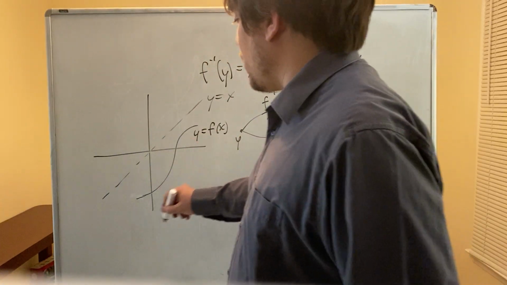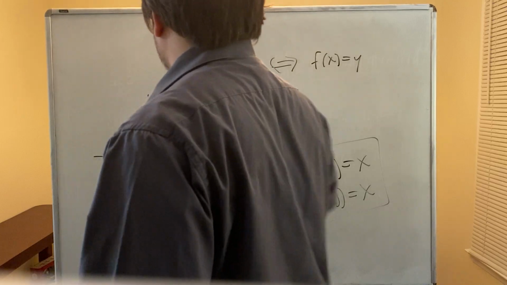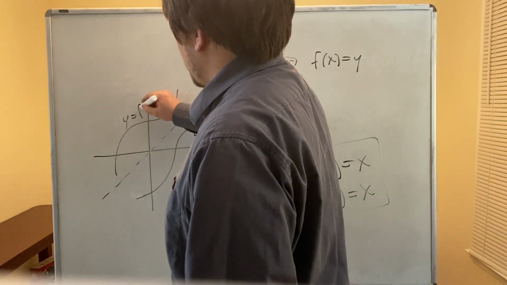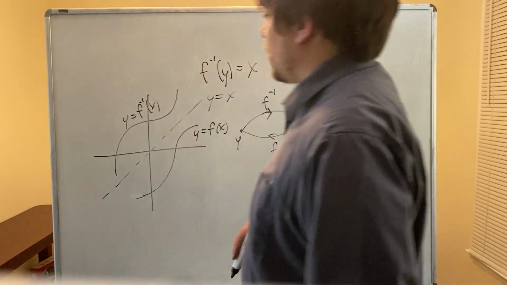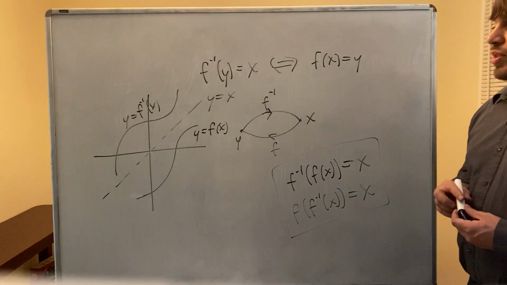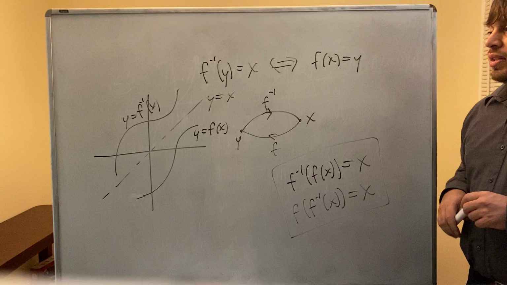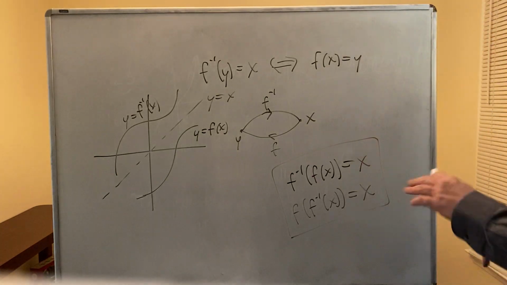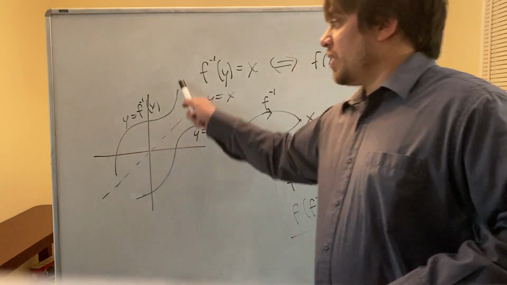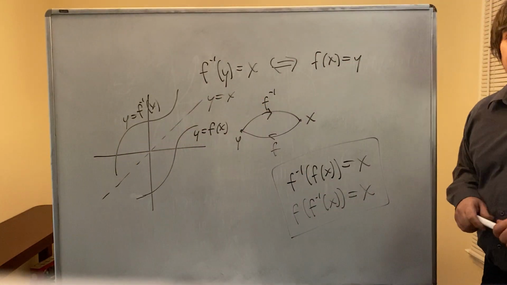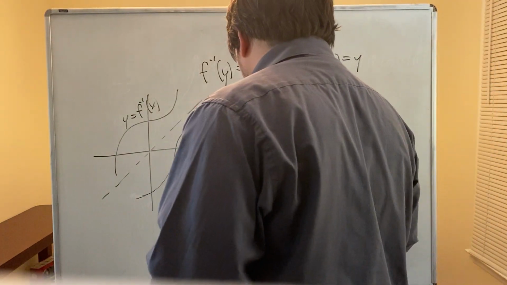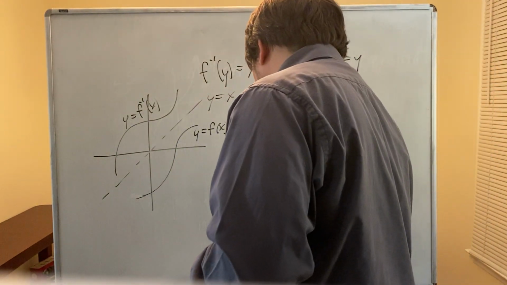When you reflect this graph about y equals x, you get a graph that looks like that, and this is the graph of y equals f inverse of x. So if you reflect the graph of an invertible function about the line y equals x, the reflection is the graph of the inverse function. That's mentioned on page 257.